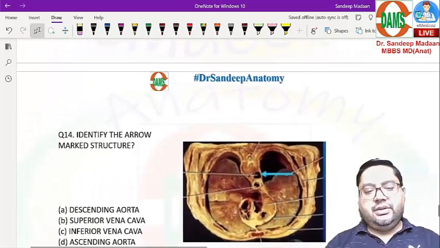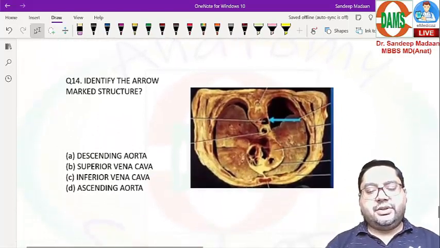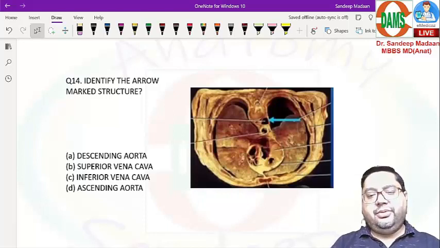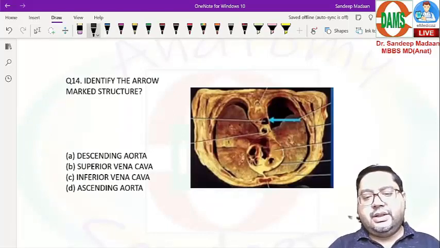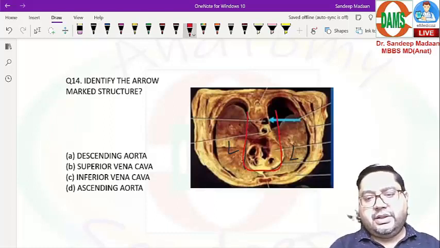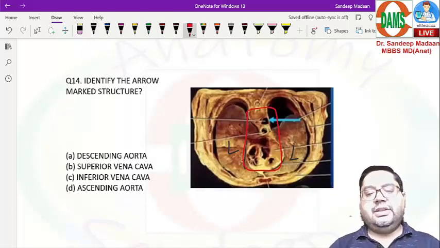Now the next question: identify the arrow marked structure. This is a section where we have to understand the structures shown. These are the lungs. If these are two lungs, the part in between belongs to the mediastinum, because the mediastinum is the part between the lungs.